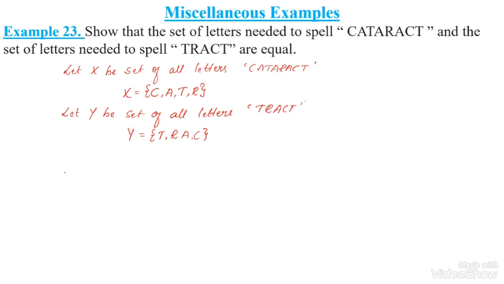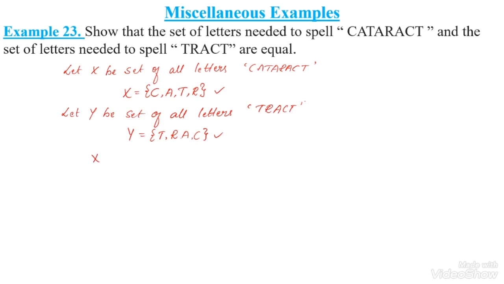Now X and Y are two sets. Now we have to check the equality of the sets. We know the definition of equal sets. According to the definition, a set is said to be equal to another if each element of both the sets is equal.